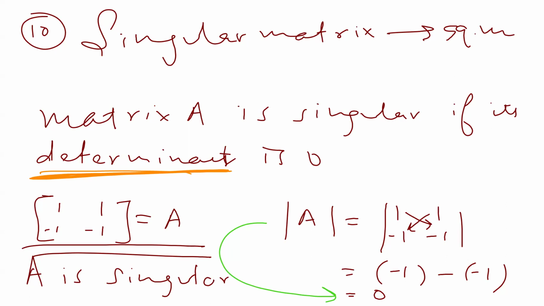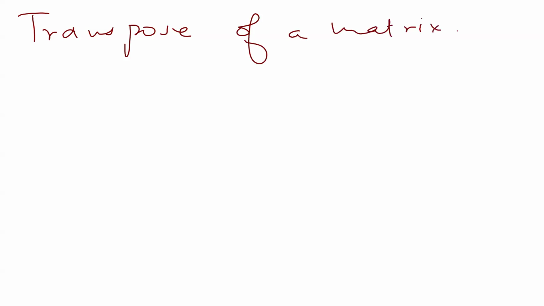So next one, let's understand a concept which is called transpose of a matrix. A new concept. Now suppose matrix A is this.